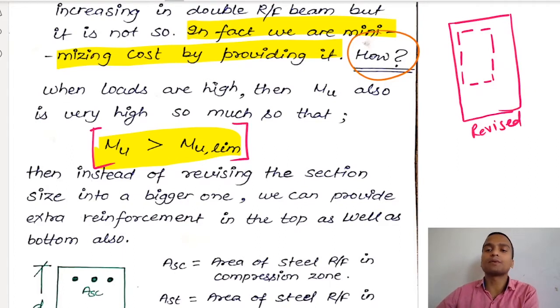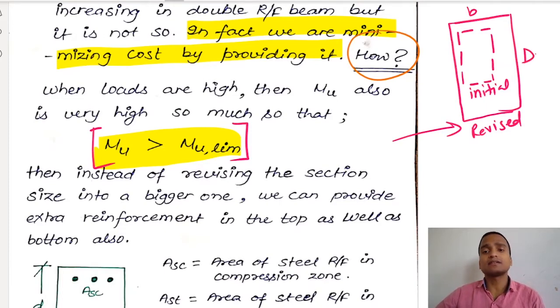So if you compare the revised and the initial section, you can easily guess which one is costly. I think all of you will agree, the revised section will become very costly because we are going to increase the width and the depth of the beam, both.